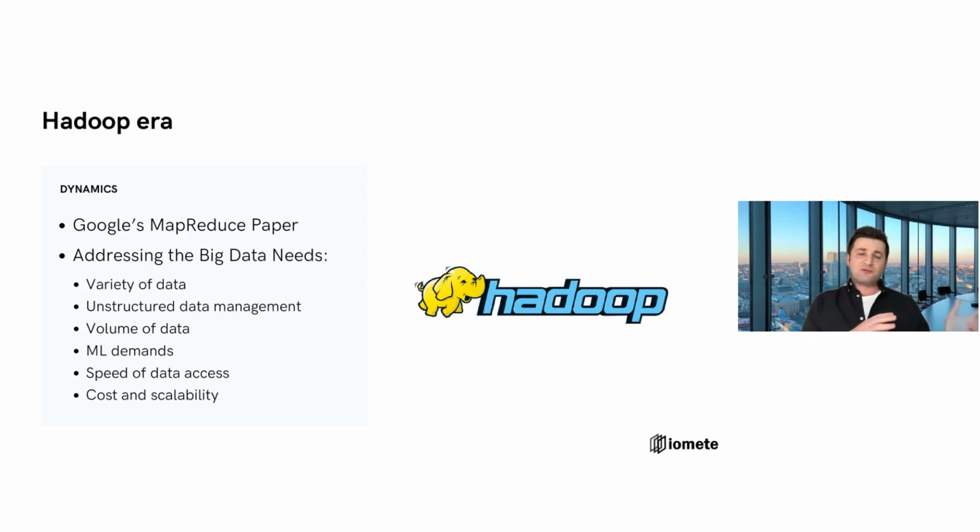With data warehouses, we had this ETL, extract, transform, and load, and we don't load all the organizational data. We load only the data that we get after transformation. But data scientists and ML engineers need to find correlations and patterns. They might need to access the raw data.